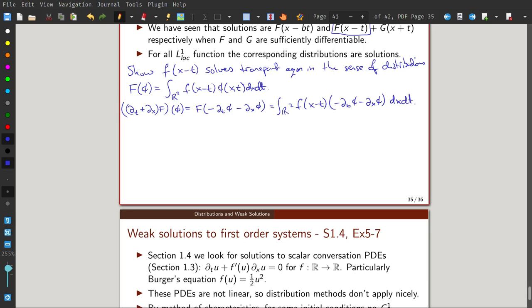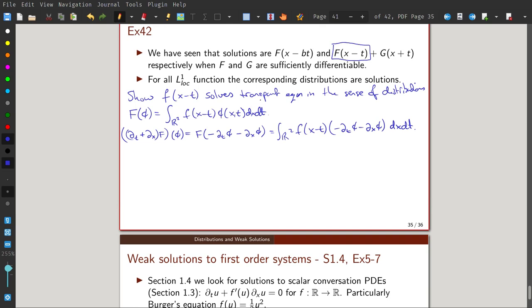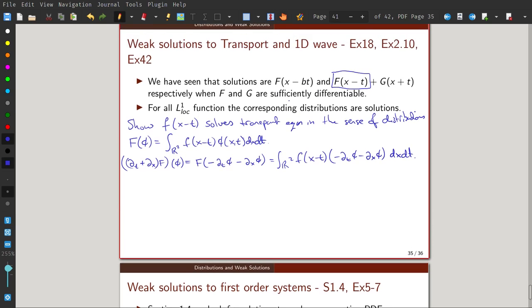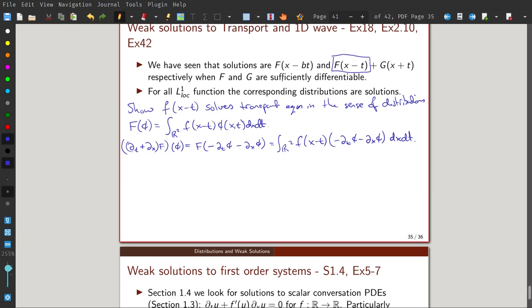Now, the point is that we've already seen that these functions solve the transport equation when f was differentiable. So the point I want to make now is I don't want to assume anything about f. I have to assume it's locally integrable so that this expression makes sense, but I'm not going to assume that it's differentiable.